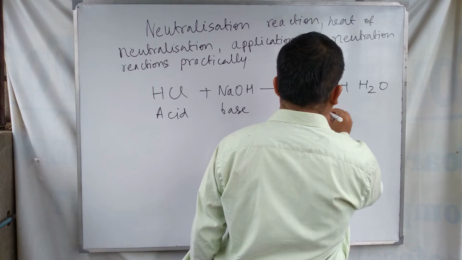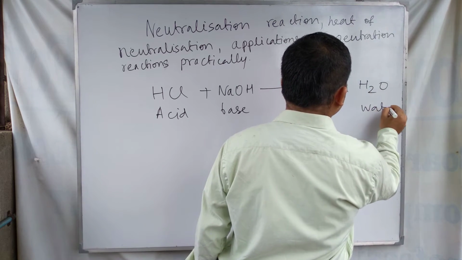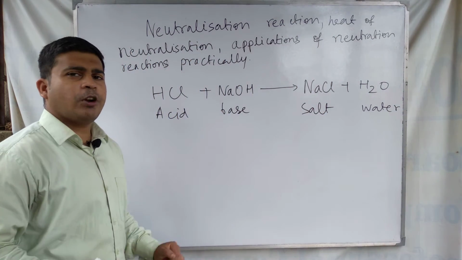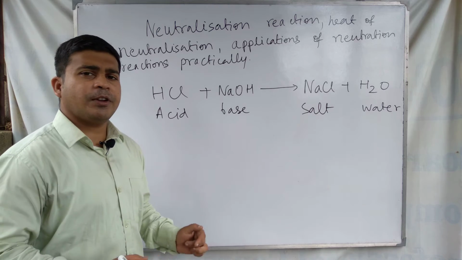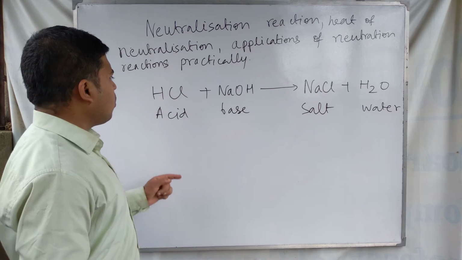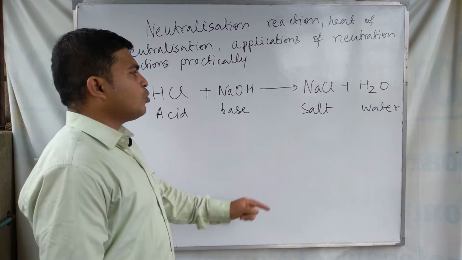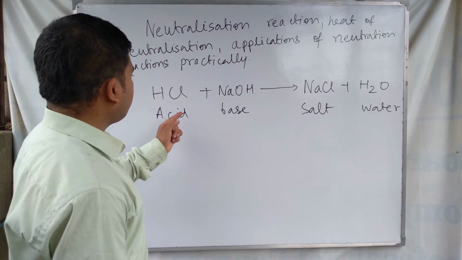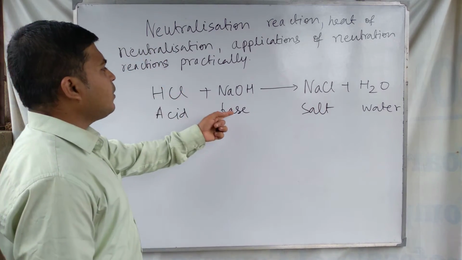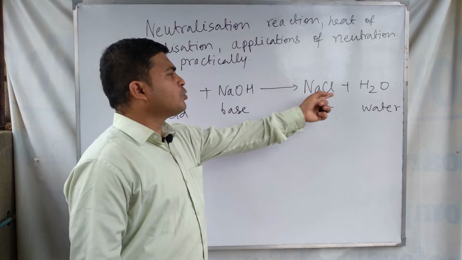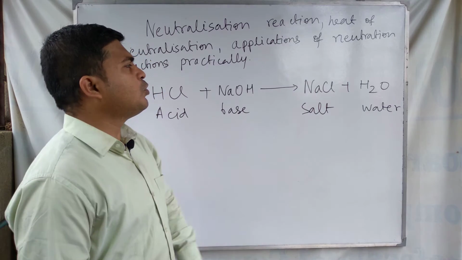This is salt and water. So this one is called a neutralization reaction. A neutralization reaction is a type of chemical reaction where acid and base react together to form salt and water. So in this case, hydrochloric acid and sodium hydroxide base are reacting together to form salt, sodium chloride, and H2O.